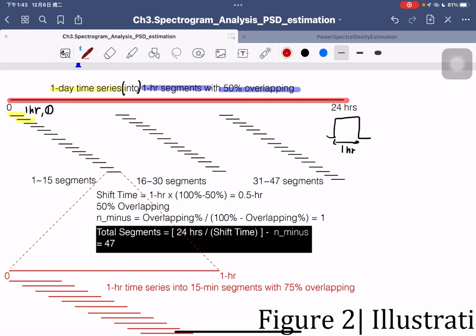And I allow the second time window with the 50% overlapping. That indicates the second window here. Okay, the red line is the second window. And inside regions here, we have the overlapping.